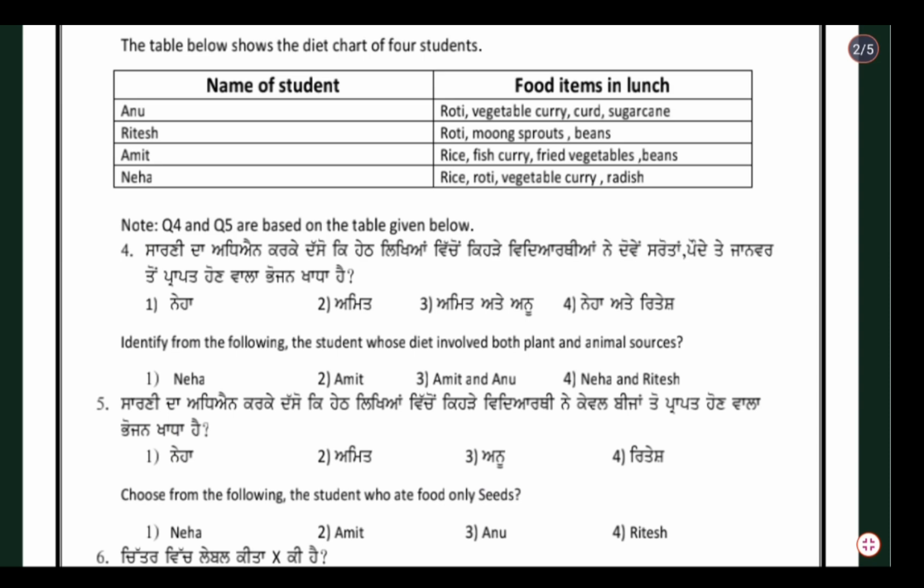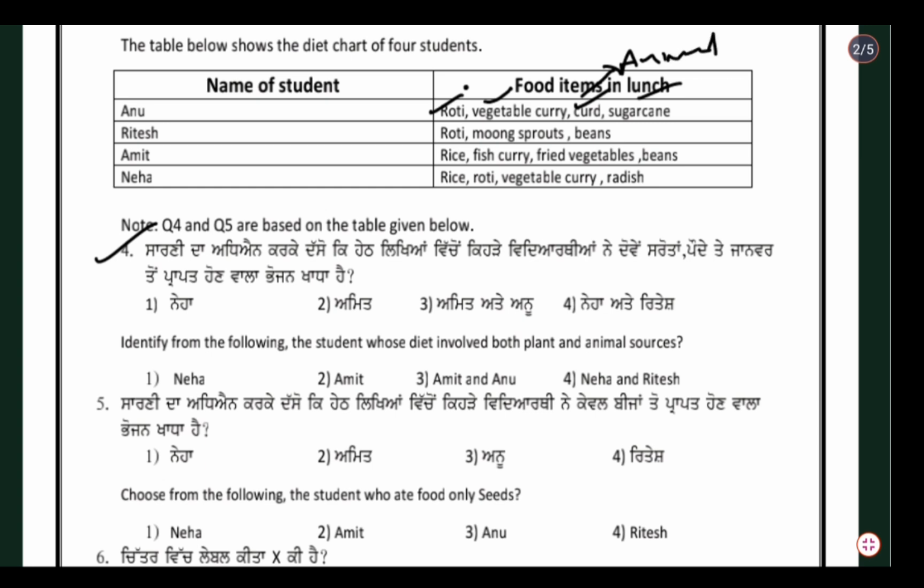So question number 4 is, a table is given, right, in which the students and what they eat in their lunch is shown. So Anu eats roti, vegetable curry, curd and sugar cane. Roti, vegetable and sugar cane are all from plants, and curd is an animal source, right?